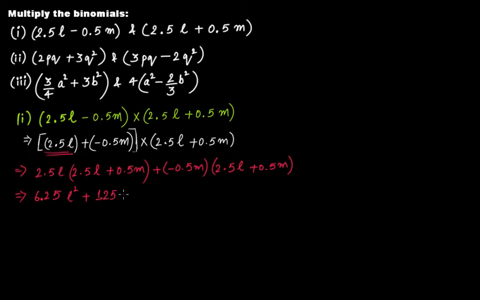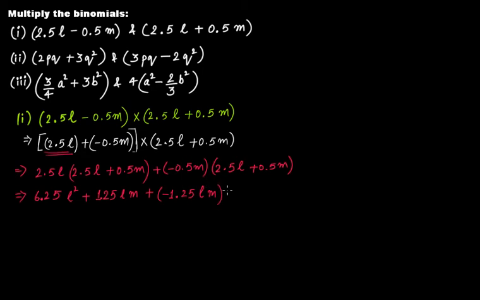Now this is L and this is M. Now plus again you have minus 0.5 multiplied by 2.5. It means minus 1.25. This is M, this is L. So you can write it as LM, or you can write it as ML. Minus 1.25 LM or minus 1.25 ML. You can write any of the two.